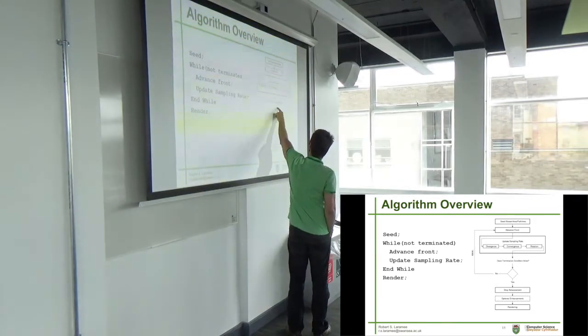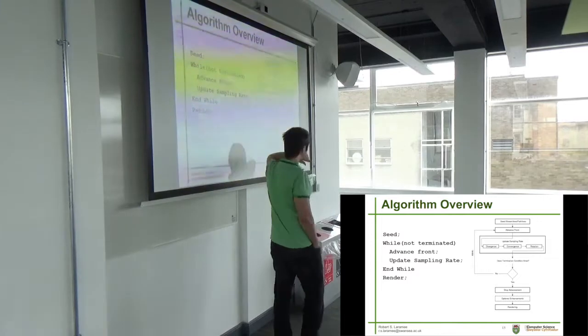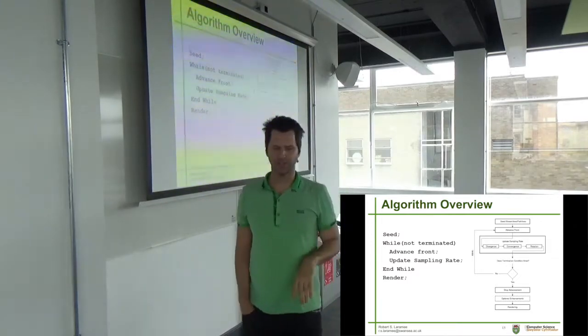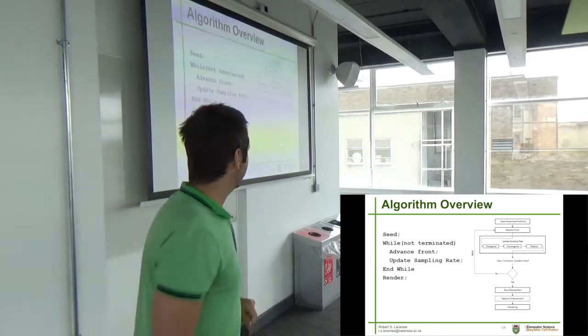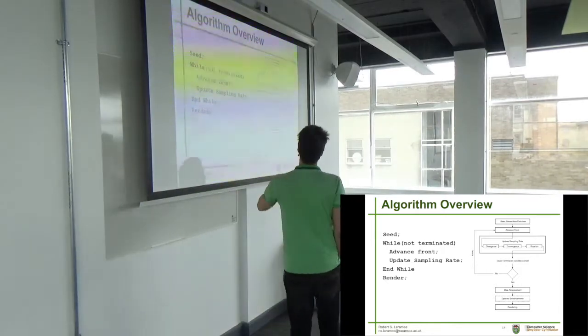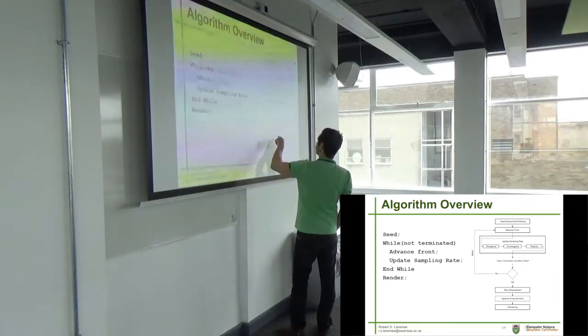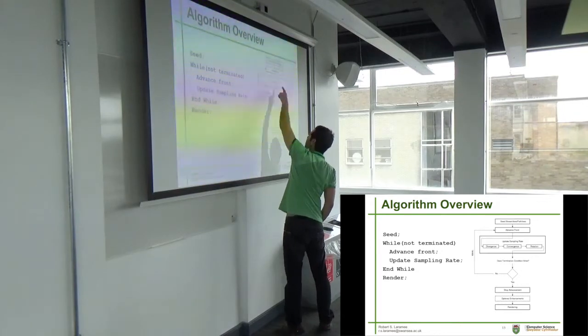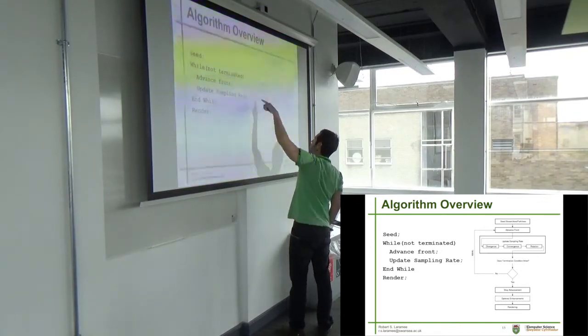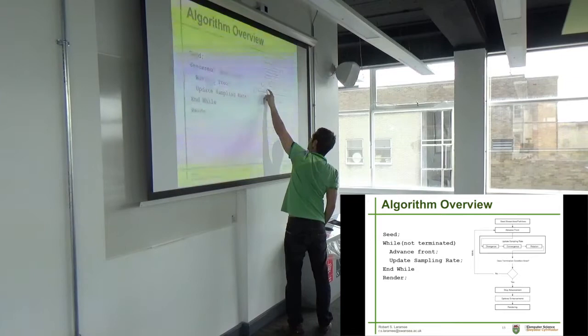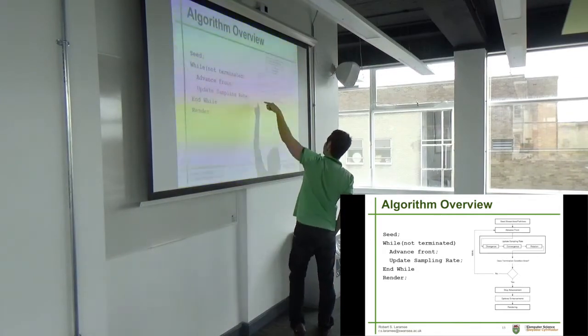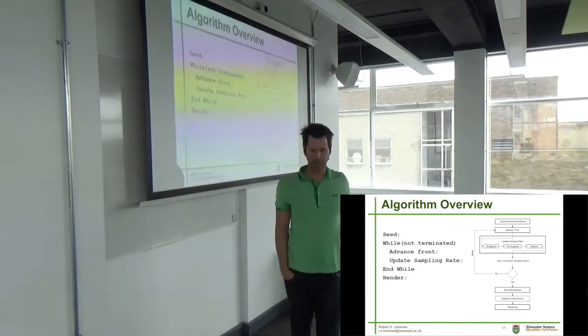And then we test for termination: should we stop the surface? If the answer is yes, we stop, and then we render the surface. Otherwise, we just iterate over and over again: integrate, test for divergence, convergence, rotation, and keep going until we terminate.